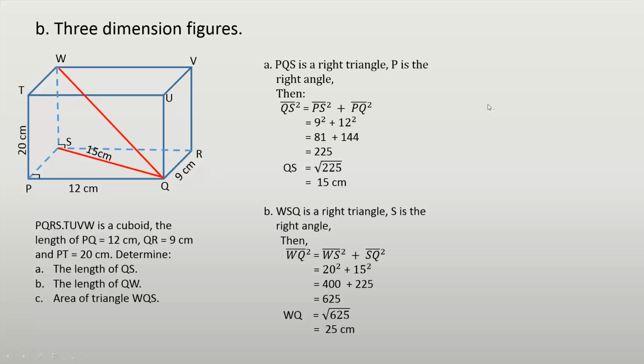So the area of this triangle is equal a half times QS times WS, or equal a half times 15 times 20 is equal 150 centimeter square. This is the use of the Pythagorean theorem in three-dimension object.